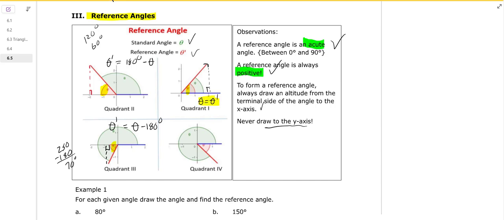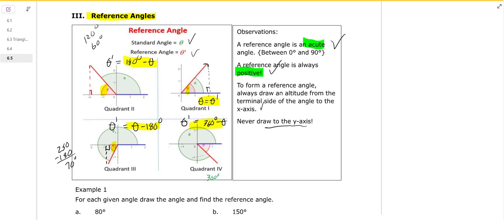So you kind of got this. You don't want to memorize these formulas, really. You just want to know what a reference angle is and then be able to reason out how to find one. I don't think of these as formulas, but you could think of them that way. If you are in quadrant 4, you'd be here. That might be something like, say, 300 degrees. Then what you need to do is 360 degrees minus the given angle, and that will give you your reference angle.